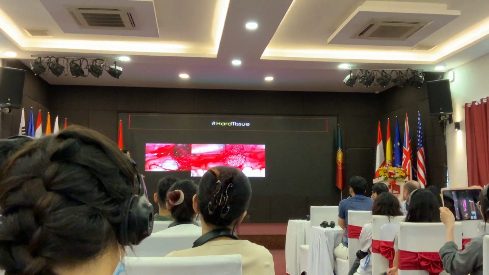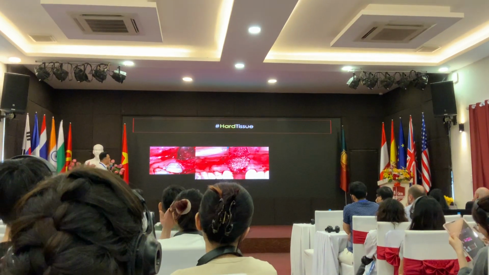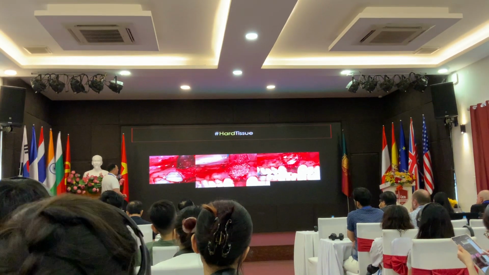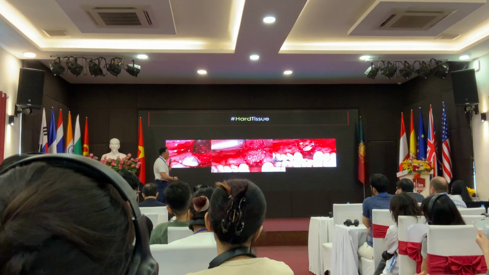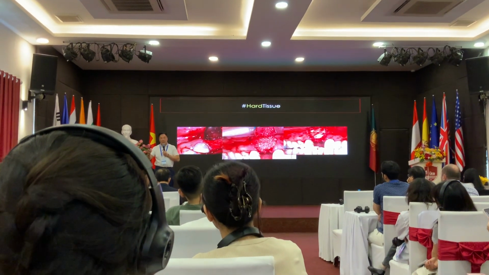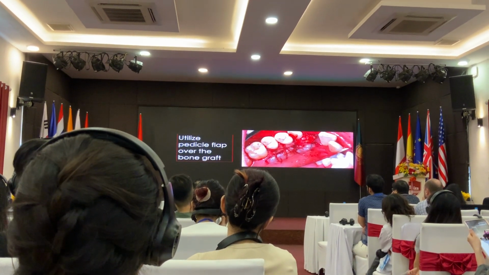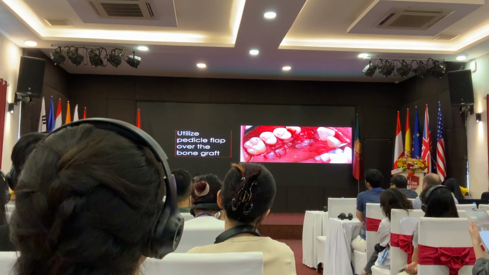So here's my bone graft. We're using small particle cancellous. This is the Puros family line. This is a collagen membrane over the bone graft, okay? And then I'm going to take my pedicle and swing that over my collagen membrane.